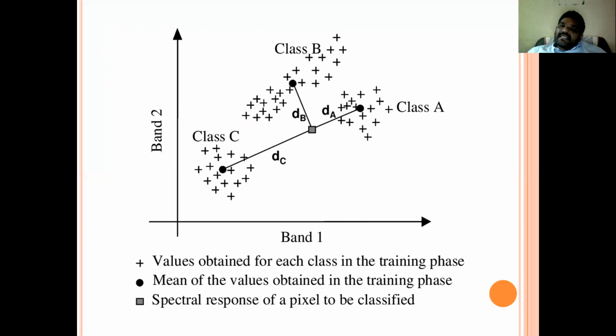Based on the digital numbers, all the brightness values 10 to 15 come under class C, and based on the other algorithm, class A and class B. Once we have given the algorithm, there might be certain pixels which won't come under any category here.